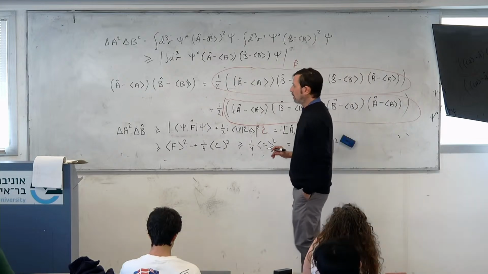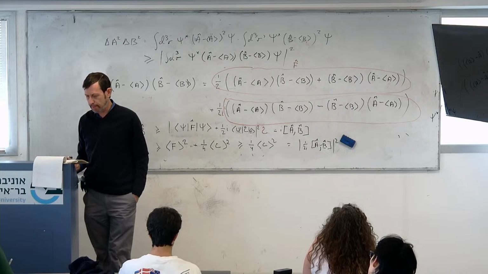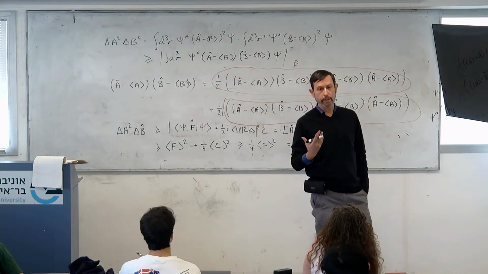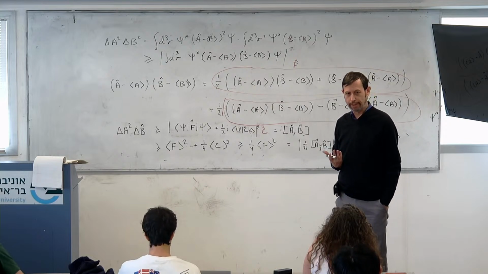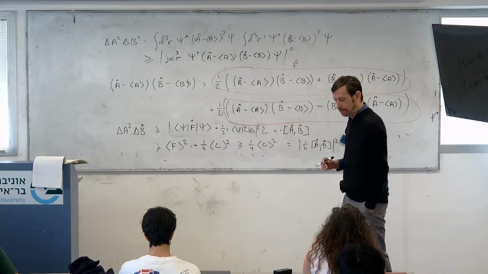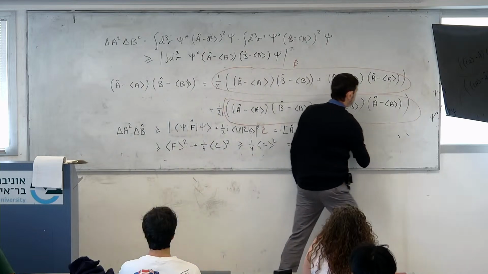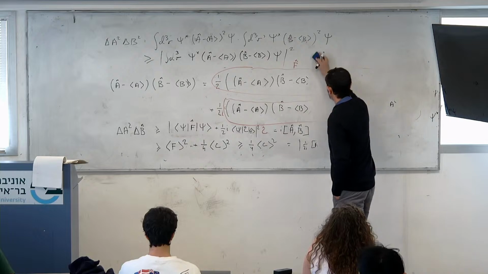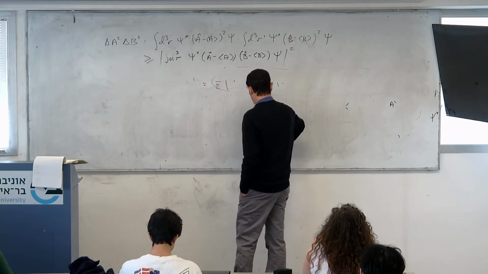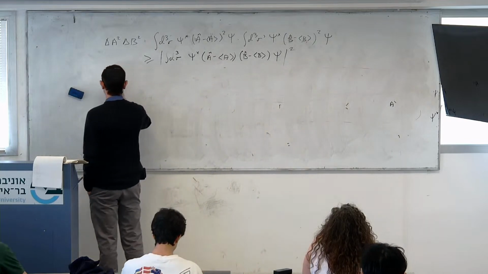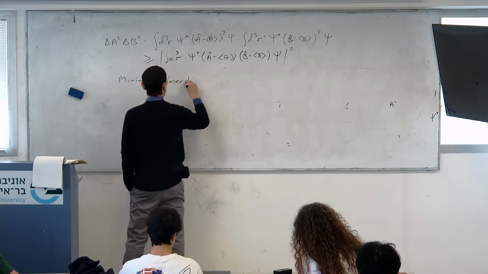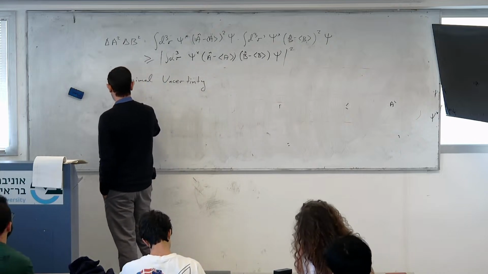But in general, what are the conditions that will give minimal uncertainty? One of them is going back to the Schwartz inequality. As Joseph told us, if f is equal to lambda times g, it's not larger, it's equal. Okay, what does that mean for our structure here? It means that it has two conditions.